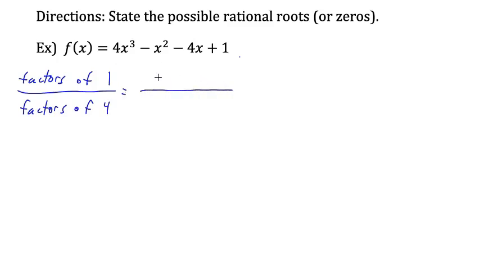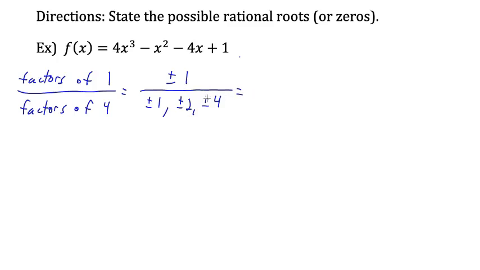So just put our factors of 1 up here. So that'll be positive or negative 1. That's the only thing we could divide 1 by. Now the factors of 4, well, 1 divides into 4, 2 divides into 4, and 4 divides into 4. So we have positive and negative 1, positive and negative 2, and positive and negative 4.